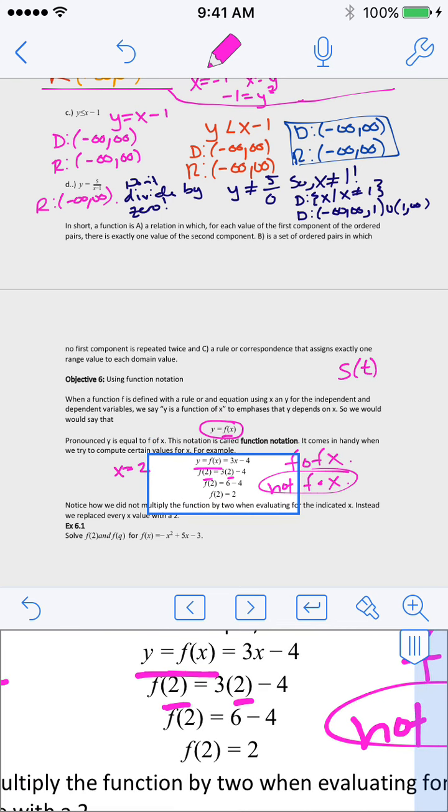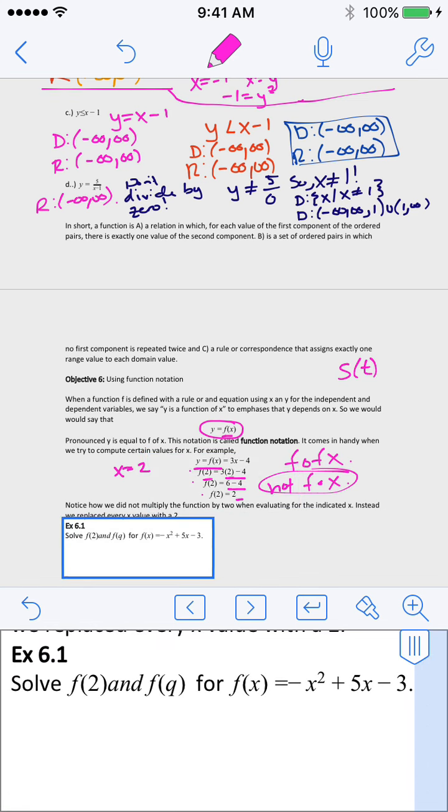Because notice they never once multiply it by 2. It's not f times 2, right? It's f of 2, which means I am now taking this function and I am evaluating 2. I am plugging in 2. And that's what they do on the other side. There they actually solve it down so you get a value, and so f of 2 equals 2. Let's try that out down here.